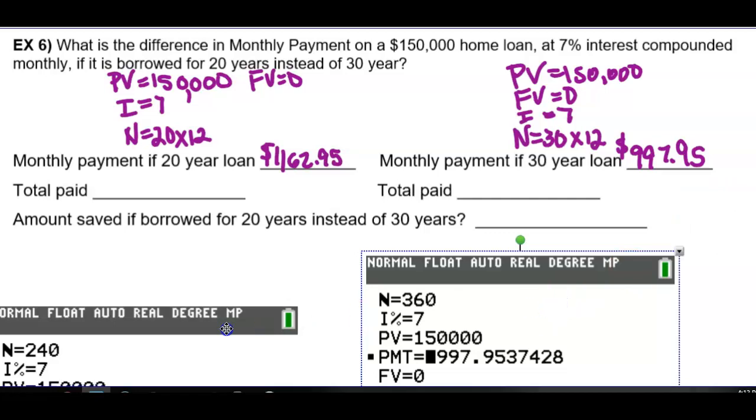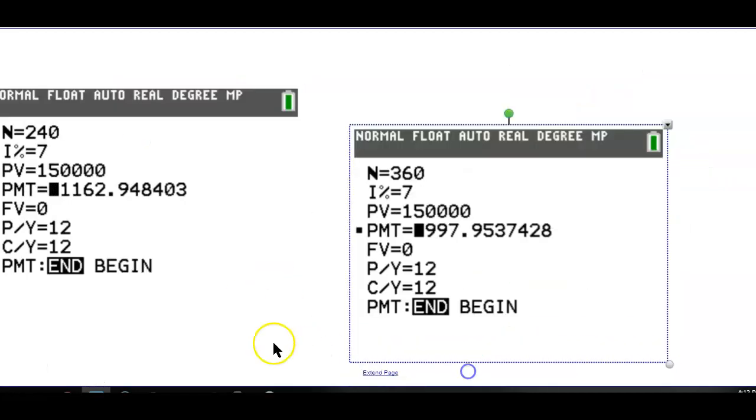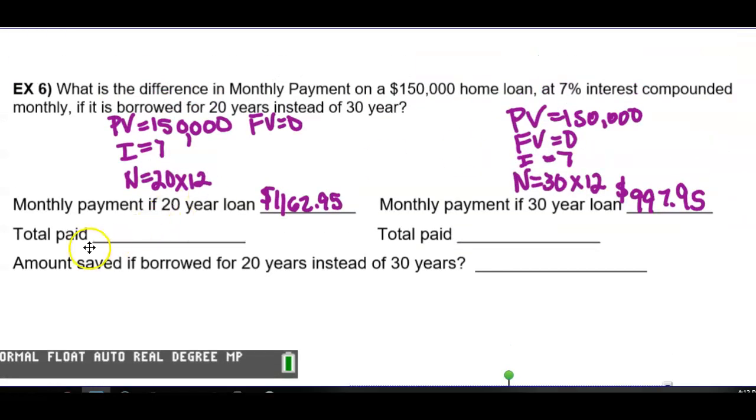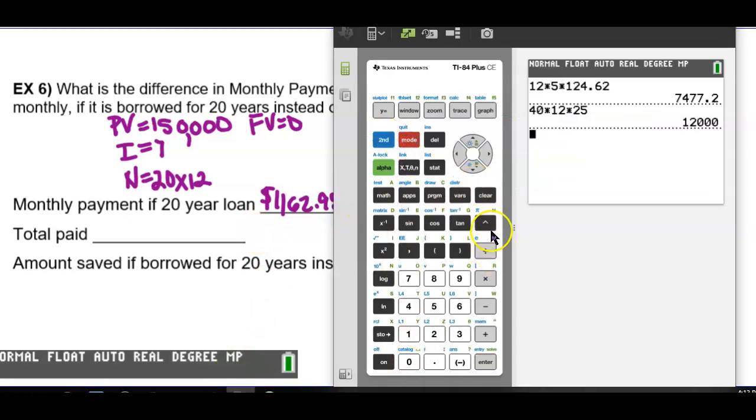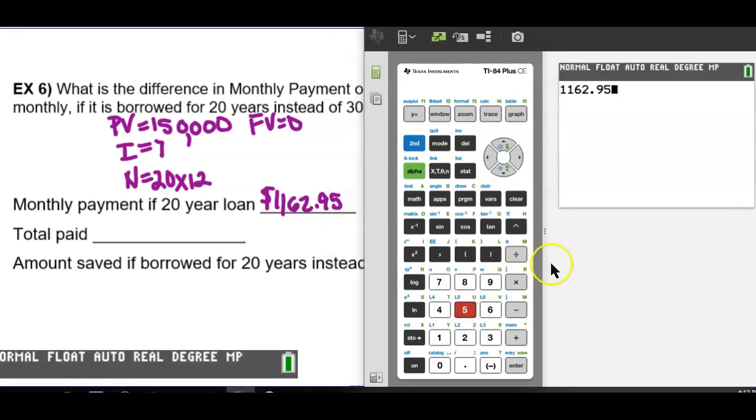Okay, the difference. So I want to talk about the difference in what happens on the total amount. So the total you pay, if you are at $1,162.95, was that what it was? I can't see.